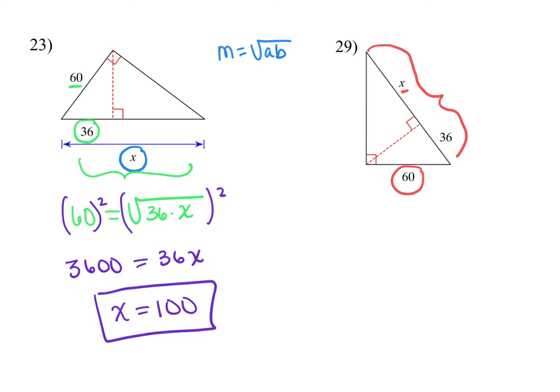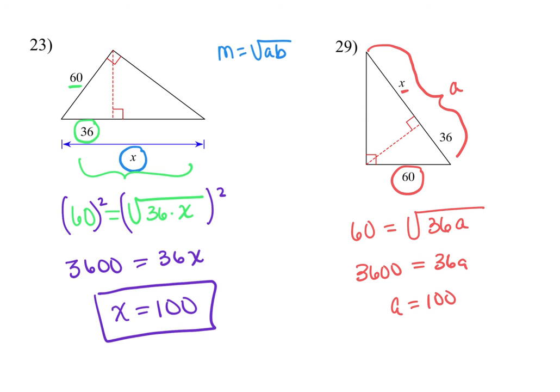So I'm going to assign a different variable here because I don't want the entire hypotenuse. I actually want the piece of it. 60 is the geometric mean between 36 and the entire hypotenuse. All right, we just figured out, by the way, this was the same exact problem, that the entire hypotenuse is 100. That is not what it's asking for in my final answer here.